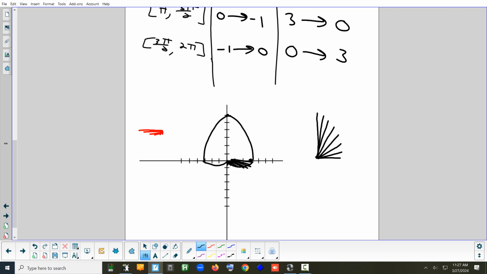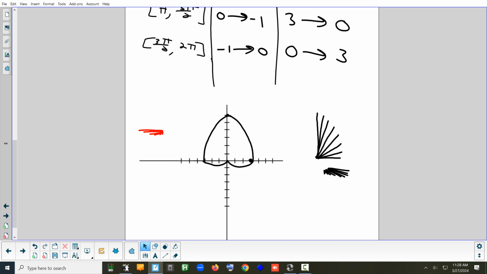Wait, what coordinate system are we graphing this on? This is polar. But why does it have the curves underneath instead of just going straight? Because the radius is getting longer as you rotate.